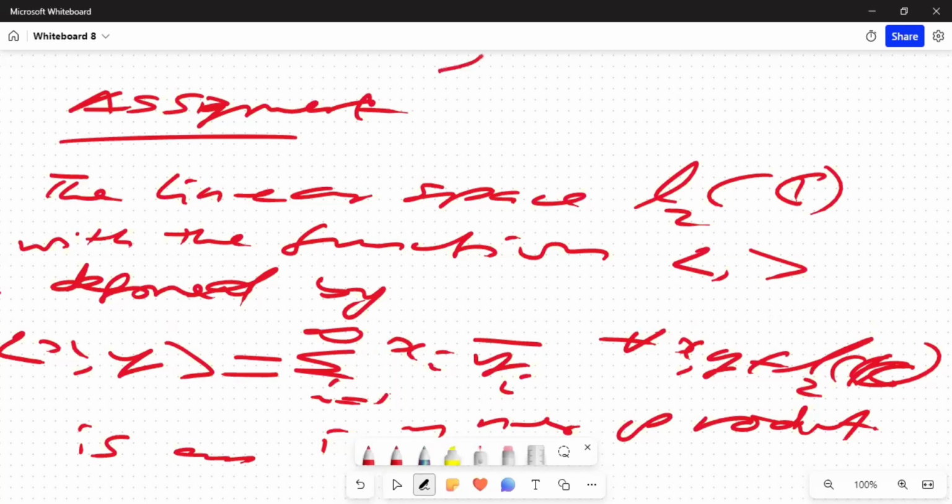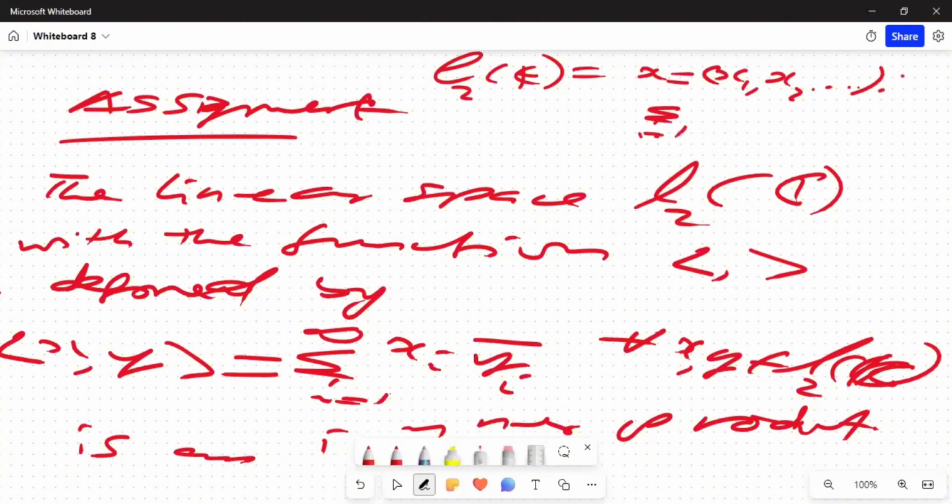I'm sure you remember how L2 looks. If you claim that x is in L2, you are saying that x can be written as x1, x2, and it never stops, such that the summation i from 1 to infinity of the modulus of x_i squared is less than infinity.